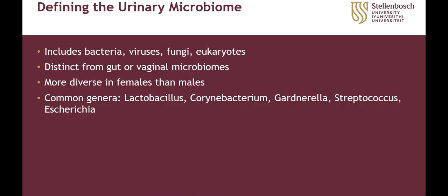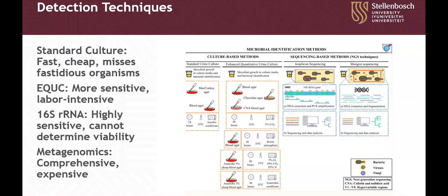It's distinct from our gut and vaginal microbiomes, however they all interplay with each other. We know it's more diverse in females than in males. The most common genera we know about in the urinary microbiome are Lactobacillus, Corynebacterium, Gardnerella, Streptococcus, and the Escherichia families.